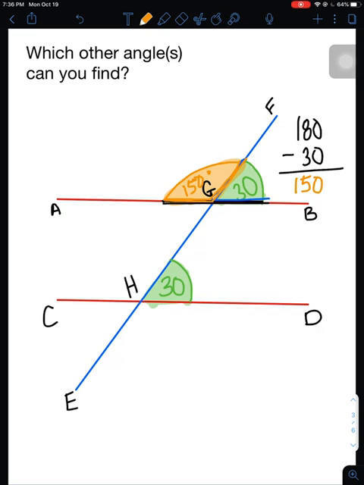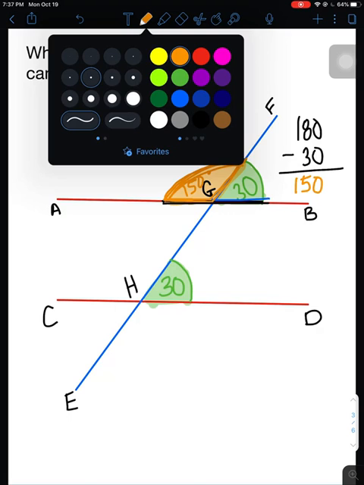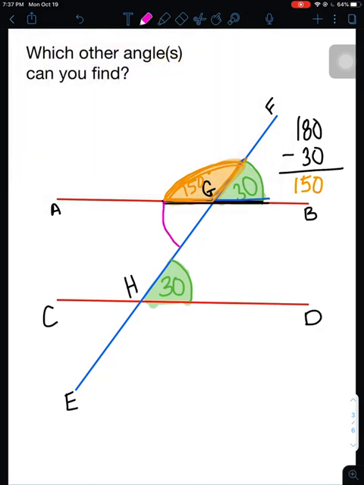Now let's flip this a little bit. By using the same idea, we had this angle right here, right? But what if I wanted to come together with this angle here, this little corner? Don't these two, this pink angle and this orange one that I already know is 150, when they come together like a puzzle, make a straight line right here?